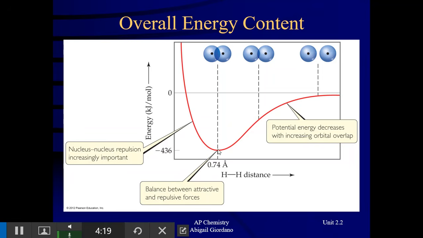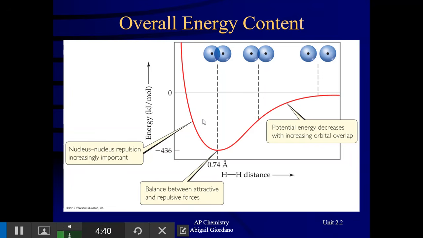And so on the left of the dip here, we have forces of repulsion. To the right of the dip, we have forces of attraction. At the minimum, this is where the forces of attraction and forces of repulsion are balancing each other out.